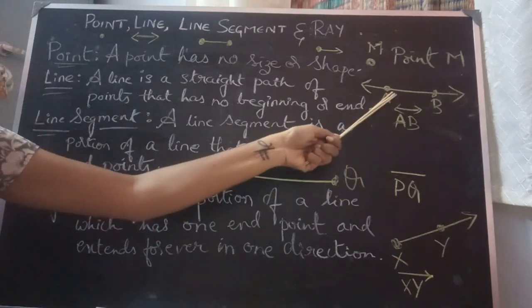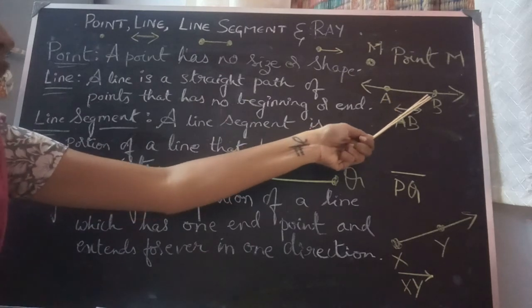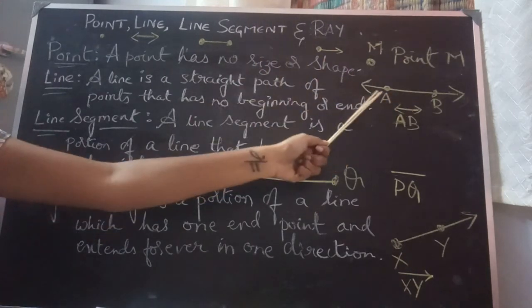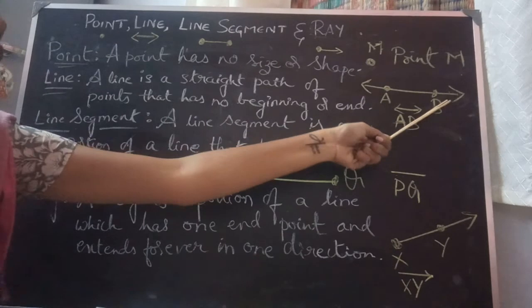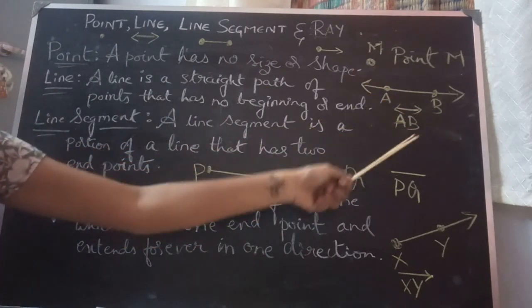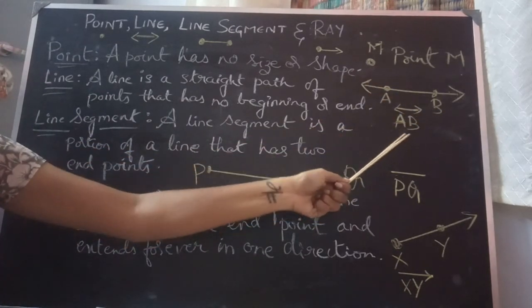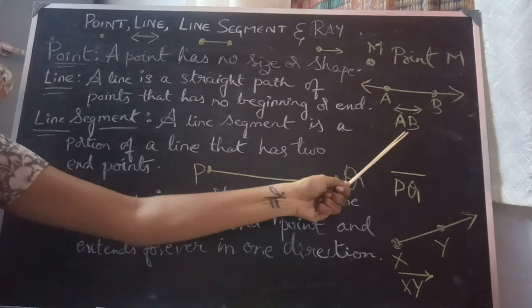A line is a straight path of points that has no beginning or no end. We'll represent a line like this: line AB.